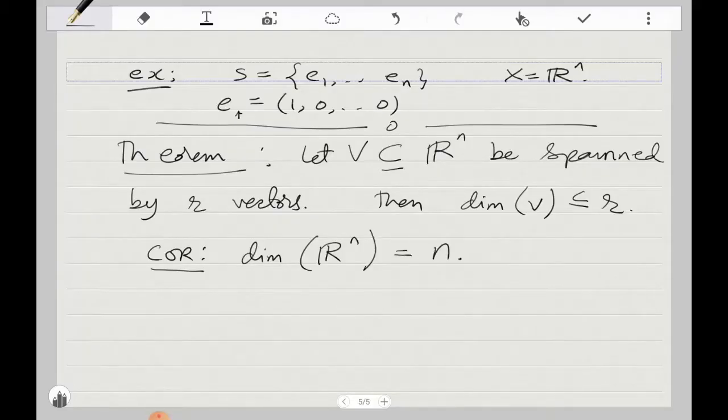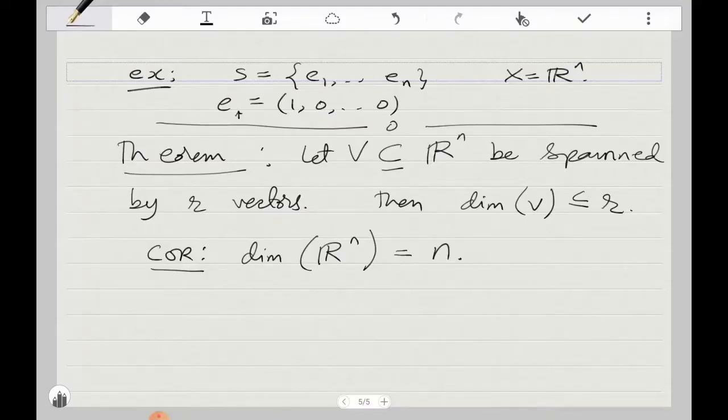This is immediate since we know that the set of standard vectors e1 up to en spans R^n, and so the theorem tells us that there cannot be more than n linearly independent vectors. But since e1 up to en are linearly independent, the dimension is exactly equal to n.